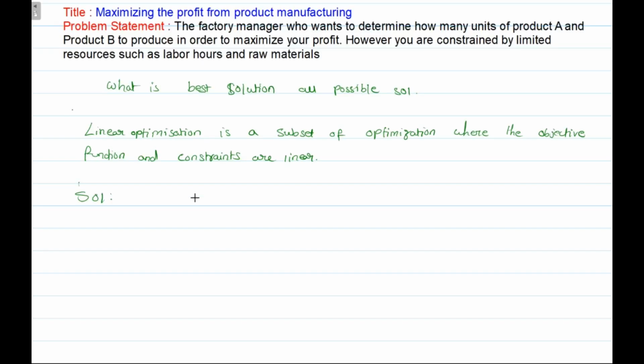First, we have taken product A and product B. Product A we consider as a high-end product, which gives more profit, and at the same time it takes more resources.